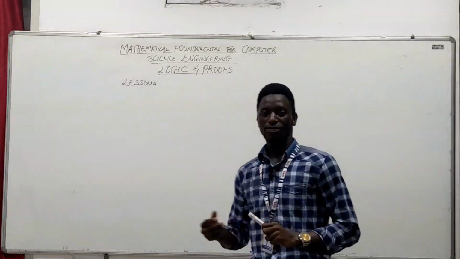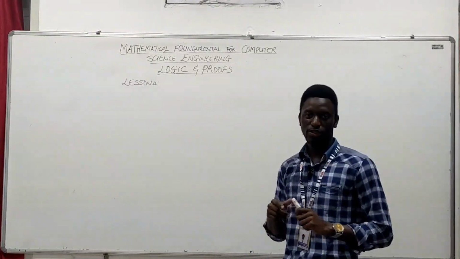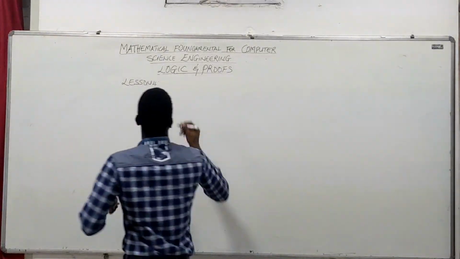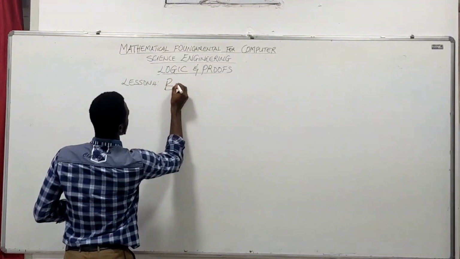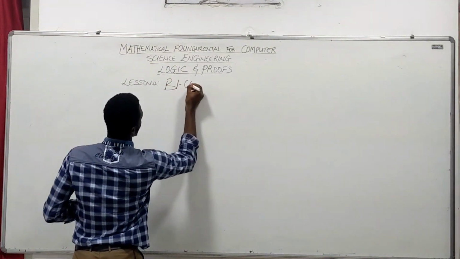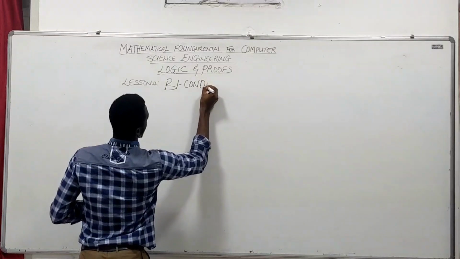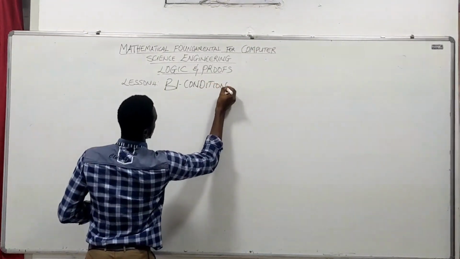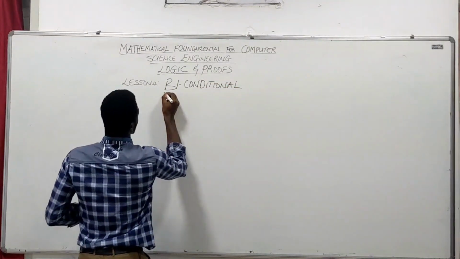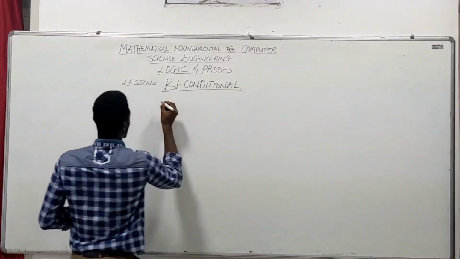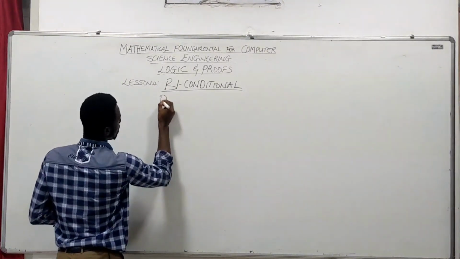So now let's see biconditional statements. Double implies, okay? So for biconditional statements, it has double implies.